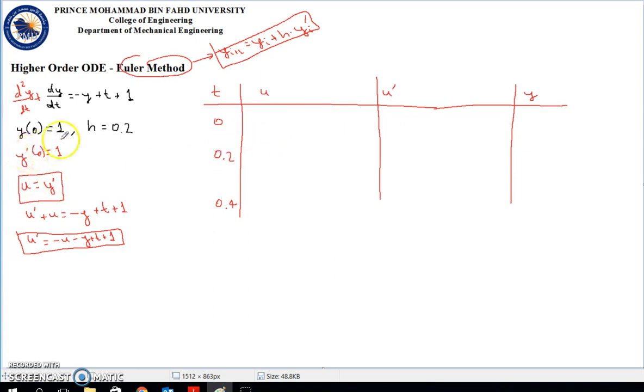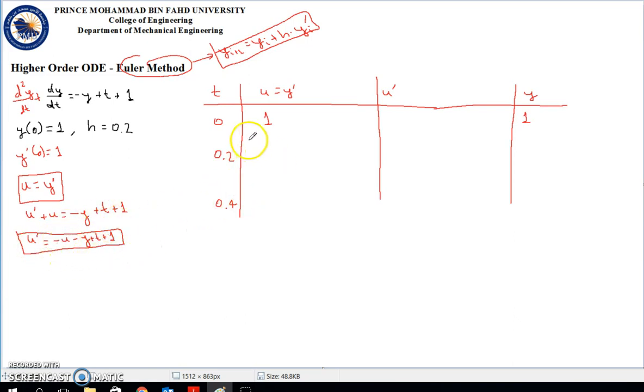So we know that at t0, y prime, so that's u, equals 1. And also we know that y equals 1. What about u prime? We can calculate it from here.